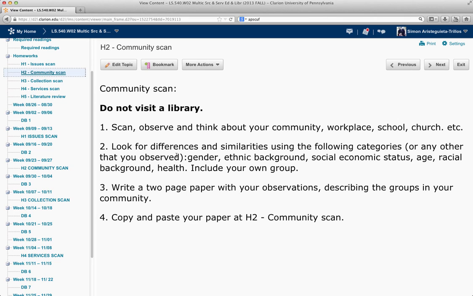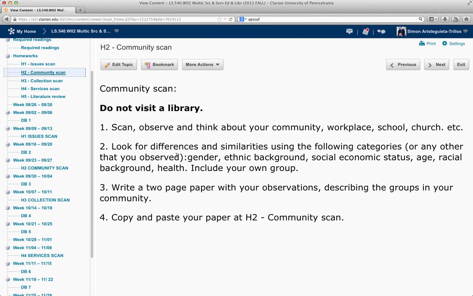Okay? Please do. Then you will write a two-page paper with your observations describing the groups in your community. And then you're going to copy and paste that also at H2, and we'll see where that is. So two awareness papers that don't require you to go to the library to do any research.